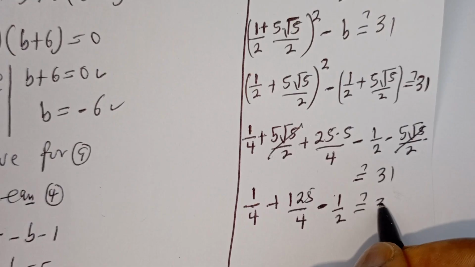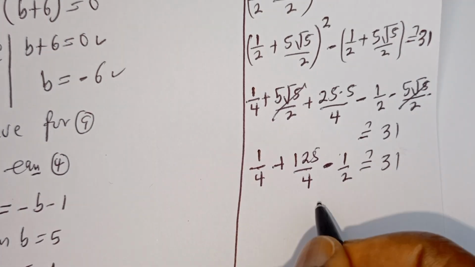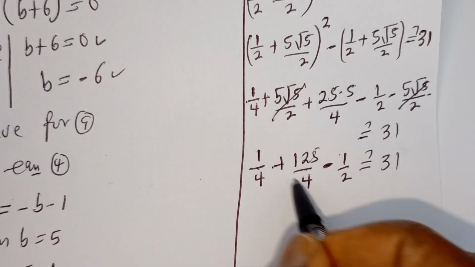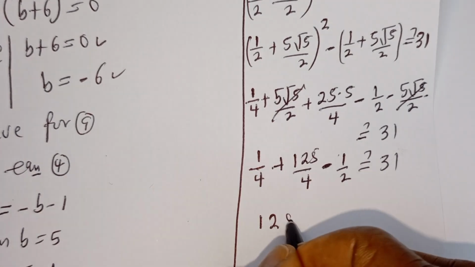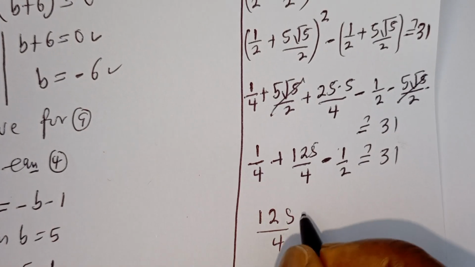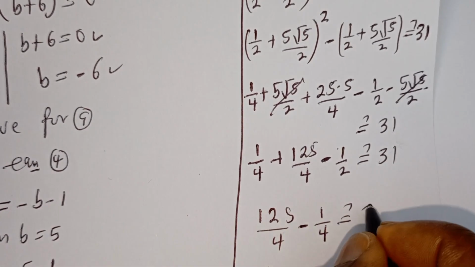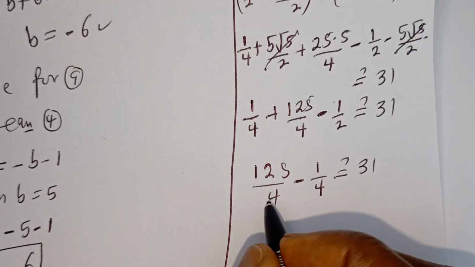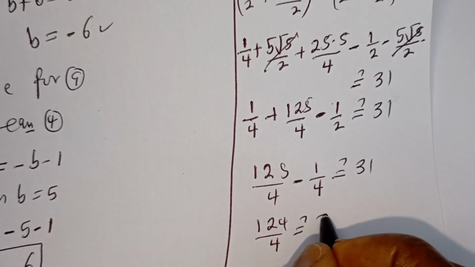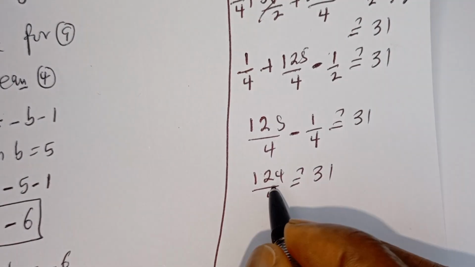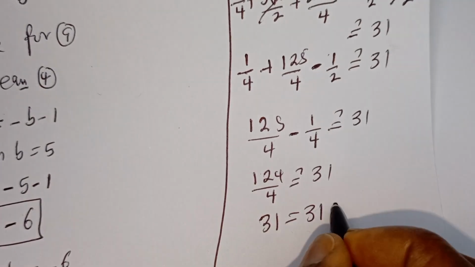The LCM here is 4, so this will be 125 over 4 minus 1 over 4 must be equal to 31. Then here we have 124 over 4 must be equal to 31. If you divide 124 by 4, there is 31 is equal to 31, which is true.